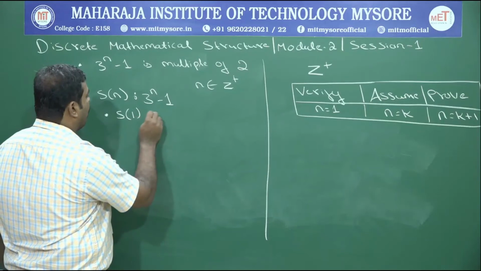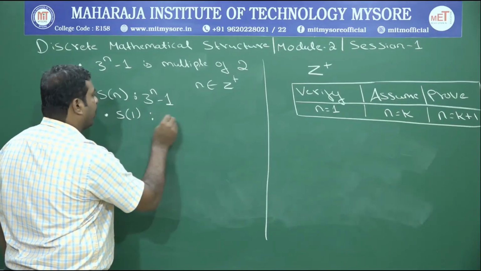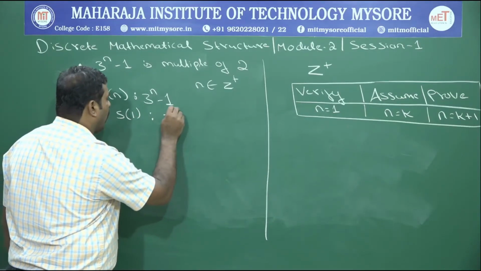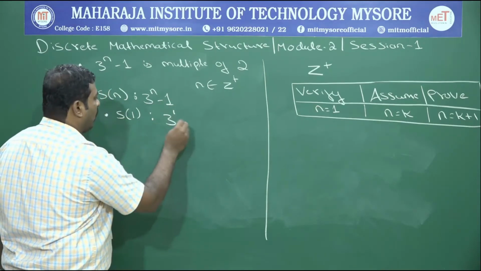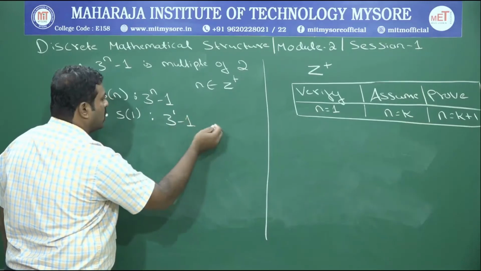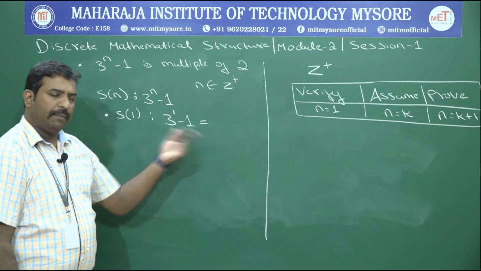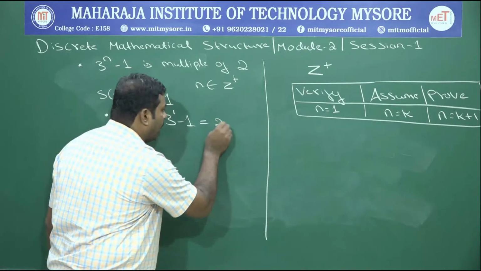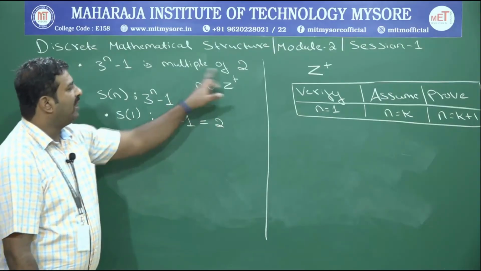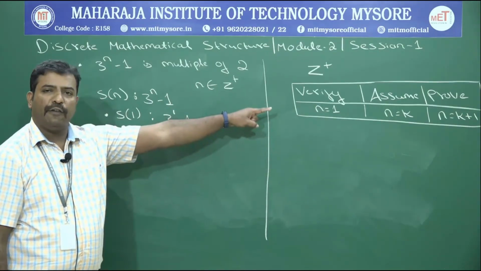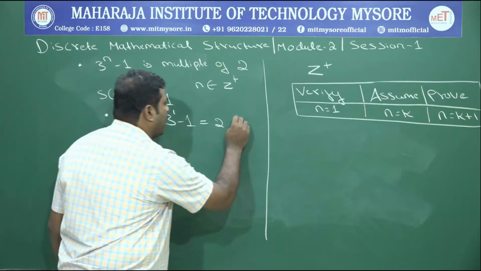S of 1 is going to be 3 to the power of 1, so replace n with 1, minus 1. So 3 to the power of 1 is 3, 3 minus 1 is 2, and 2 is a multiple of 2. Hence it has been verified, and it is done.